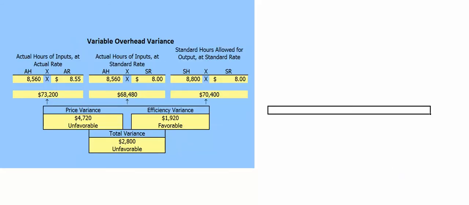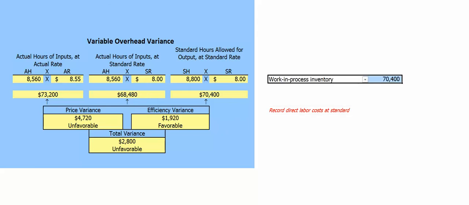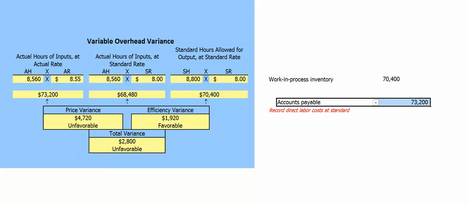Finally, let's go ahead and record our variable overhead efficiency variance and our price variance. Again, we record our variable overhead at its standard cost. Our standard cost for variable overhead was going to be $70,400. That was our predetermined overhead rate of $8 per hour times our standard hours of 8,800 hours. In terms of our actual overhead cost, we would have actually incurred $73,200 in costs.